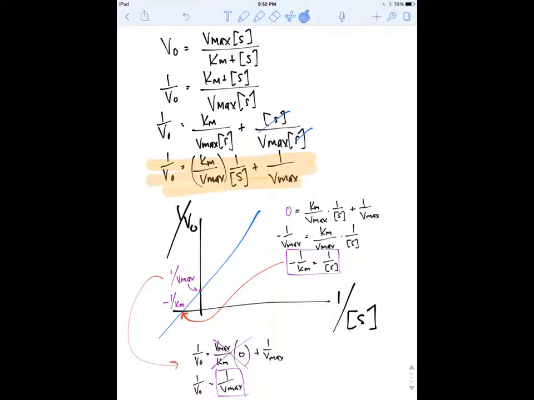And what that does for us is it makes it visually easier to work with. All you need to do is take the inverse of it. So you take the inverse of the left and the right side, and you end up with this expression. You distribute this quotient to both of the terms at the top, and you cancel the S's, and you end up with this equation here.